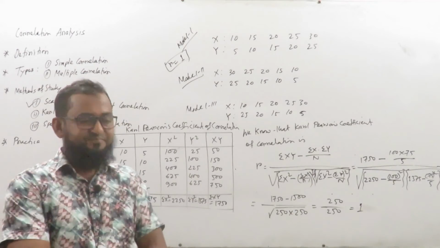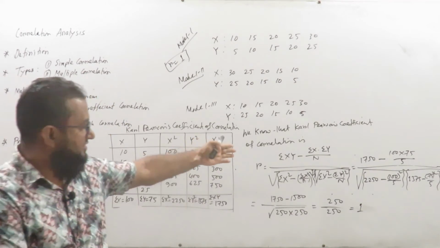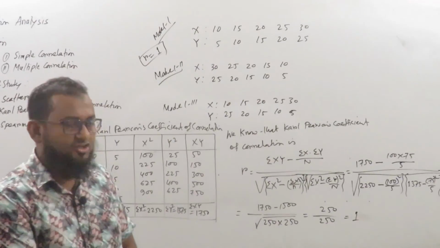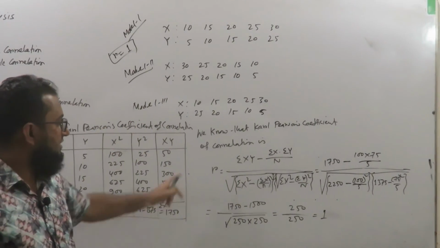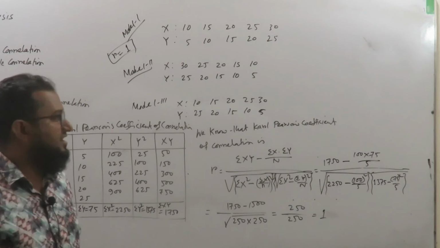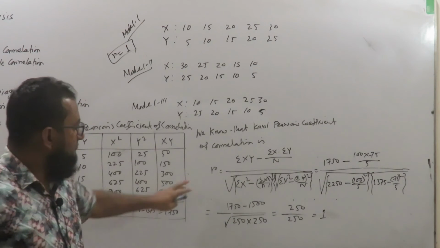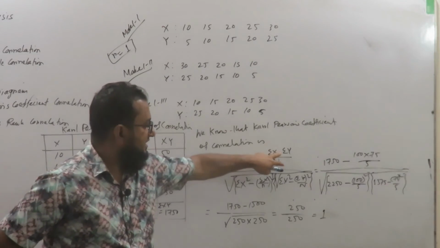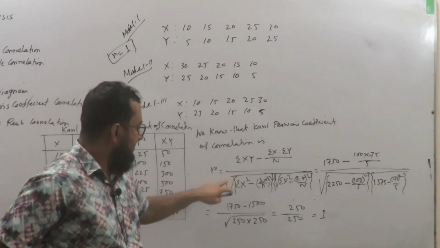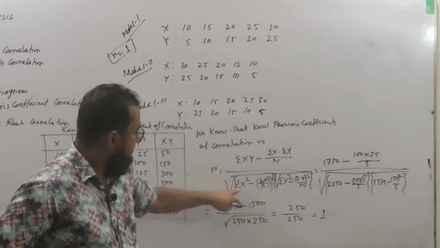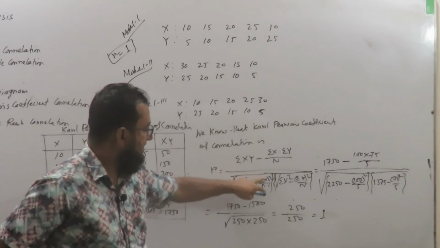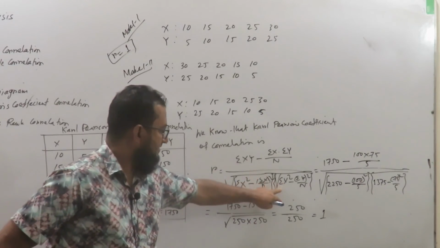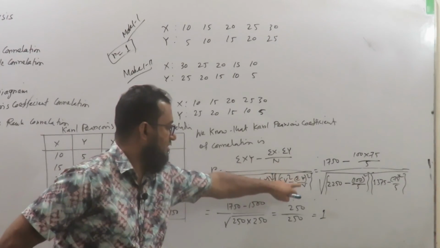Dear students, look, the formula for determining the correlation between x and y provided by Karl-Pearson is summation xy minus summation x into summation y by n, divided by root over summation x square minus summation x whole square by n, again summation y square minus summation y whole square by n.